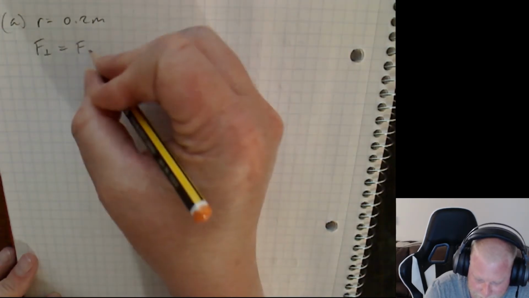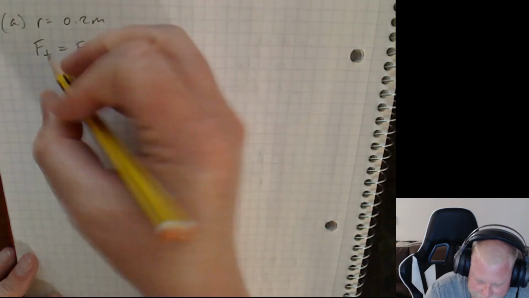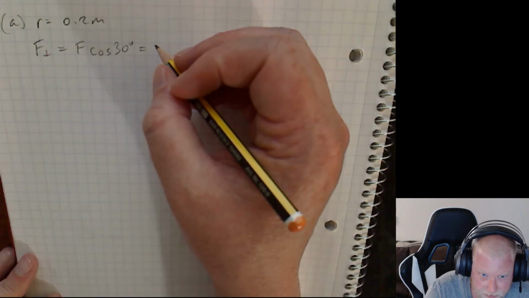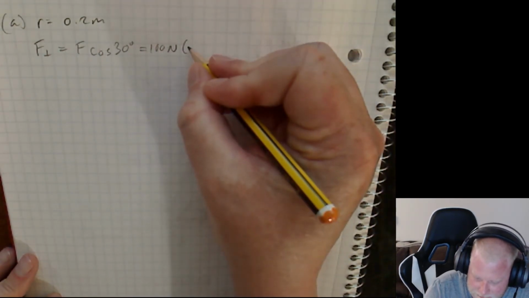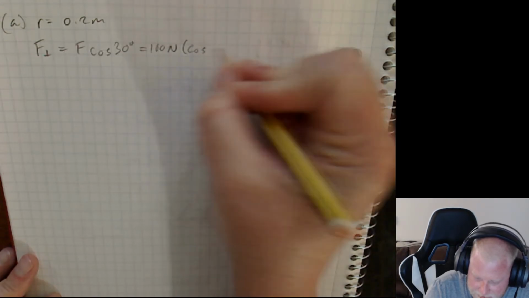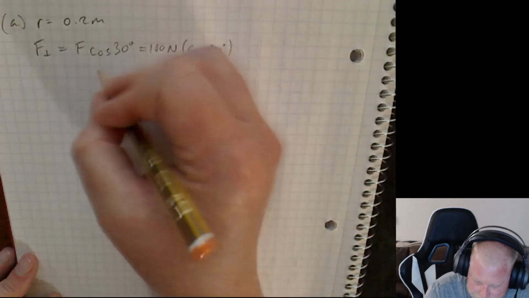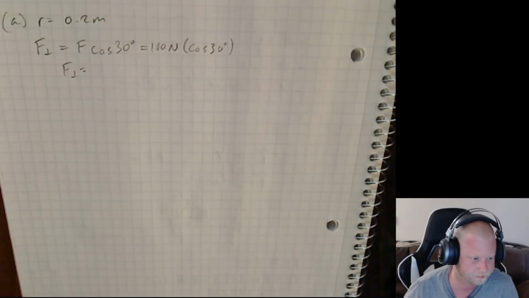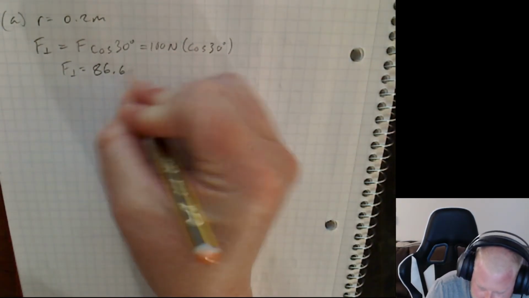That would be equal to the force times the cosine of 30 degrees in this case, which would be 100 newtons times cosine of 30 degrees. So our perpendicular force here comes out to 86.6 newtons.